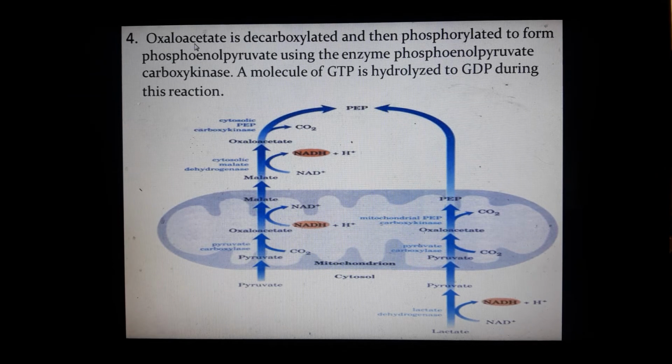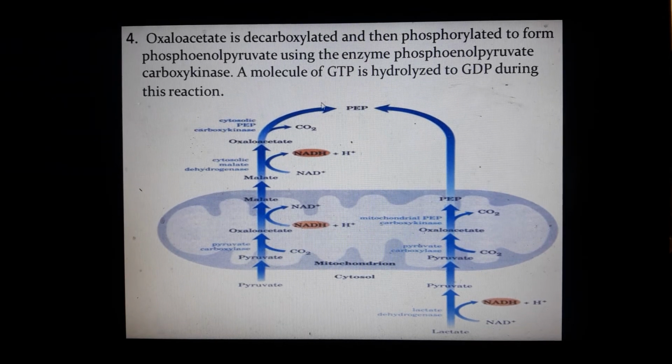Oxaloacetate in step number 4 is decarboxylated and then phosphorylated to form phosphoenolpyruvate, known as PEP, using the enzyme phosphoenolpyruvate carboxykinase. A molecule of GTP, or guanosine triphosphate, is hydrolyzed to guanosine diphosphate during this reaction. So a phosphate group is being utilized in step number 4.